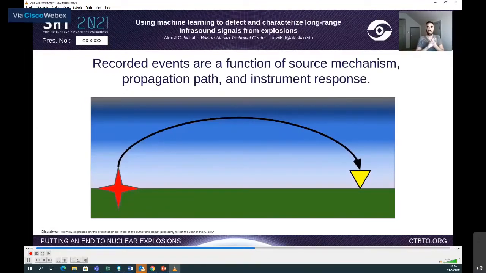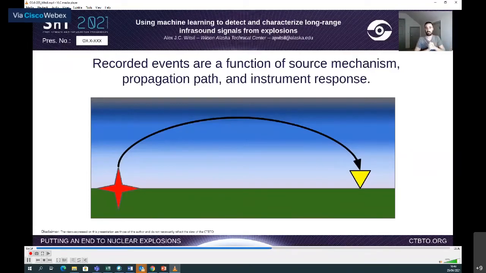We need sources, the actual signals that would have been produced from large explosions, and we need the atmospheres that those sources would travel through, because as the source travels through an atmosphere, it's going to get modulated by that atmosphere.